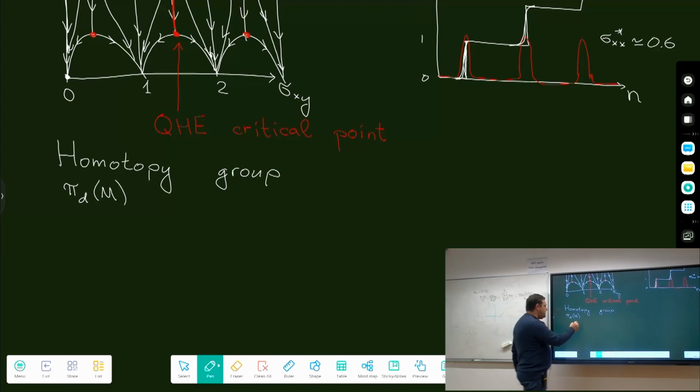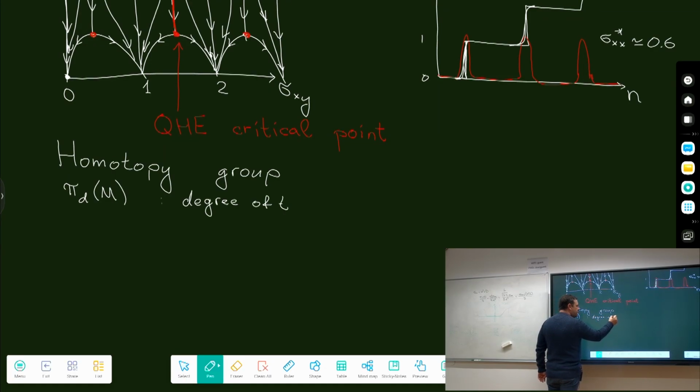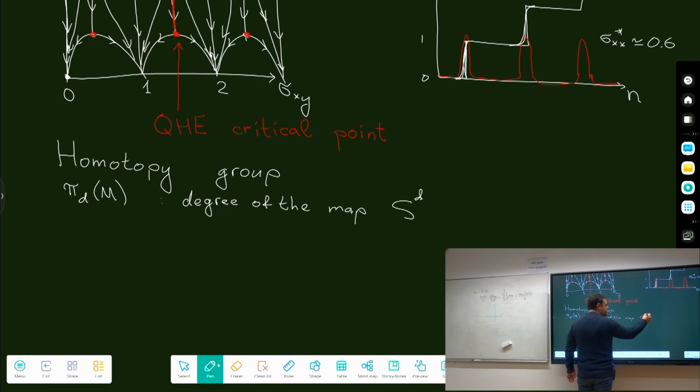It's the degree of the map from the d-dimensional sphere into the manifold M.